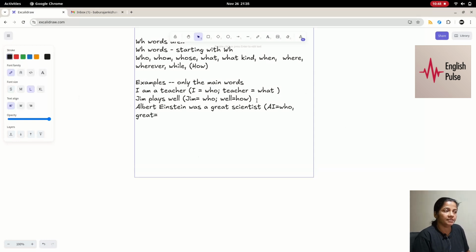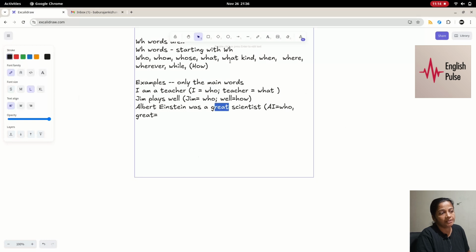Think properly and say, who scientist? See, great scientist. So you have to ask something here, then scientist. Who scientist, whom scientist, whose, what kind, when, where? So what kind of scientist?